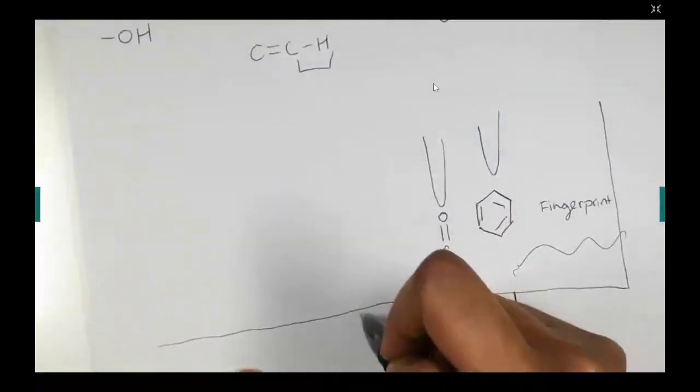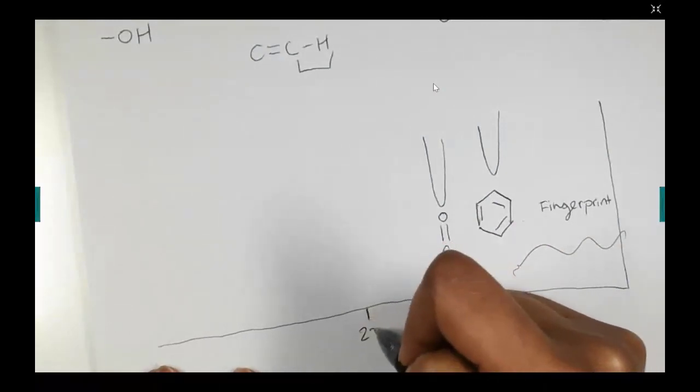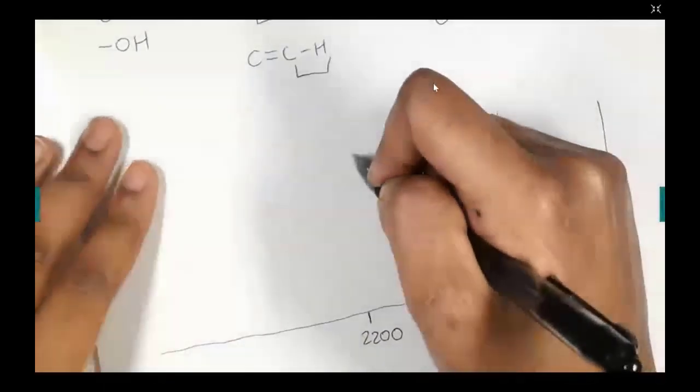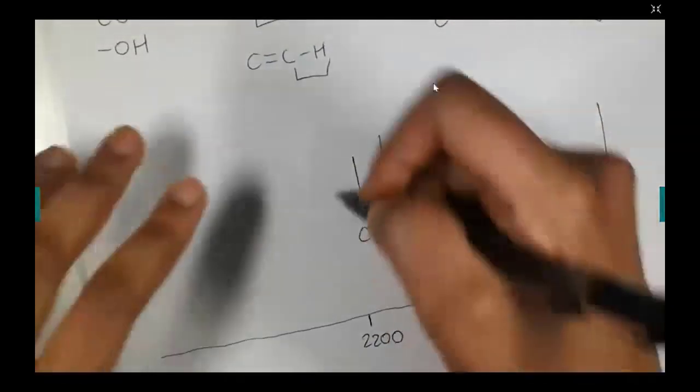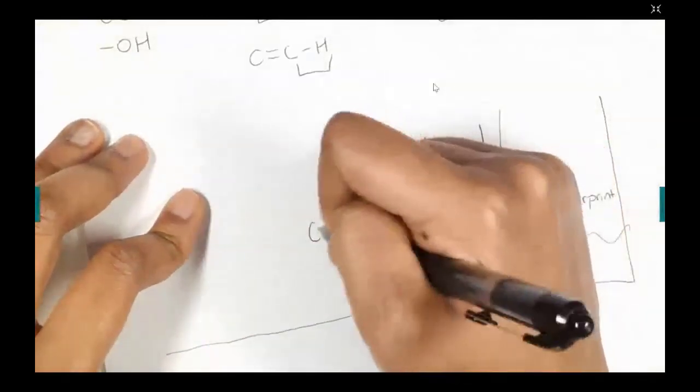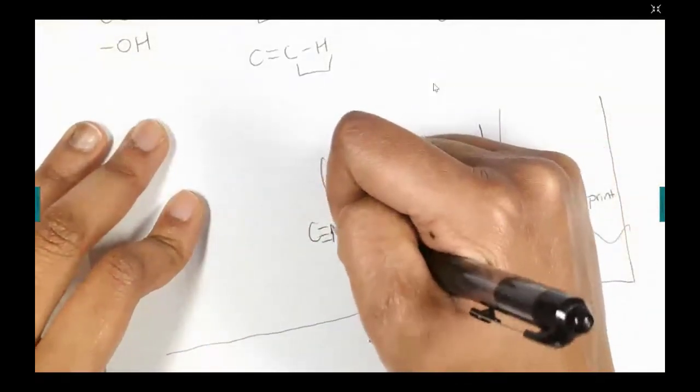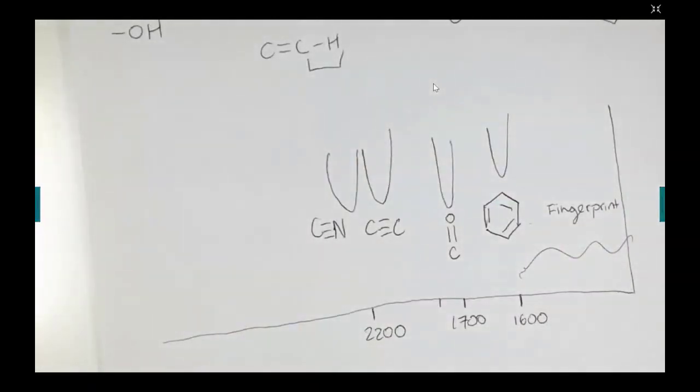Your next region that you want to look at, and we're going to skip ahead, is at 2200. Below 2200, you have your carbon triple bond carbons. Above 2200, you have your carbon nitrogen triple bonds, so cyanide and C triple bond C. One thing you'll notice is that cyanide actually has a higher bond energy than carbon triple bond carbon, because carbon and nitrogen are not equally electronegative, right?